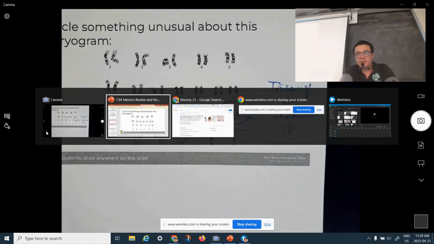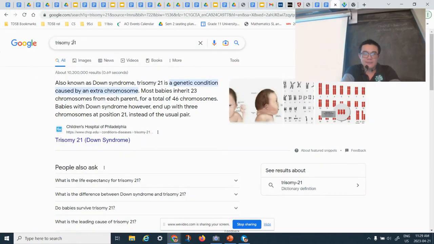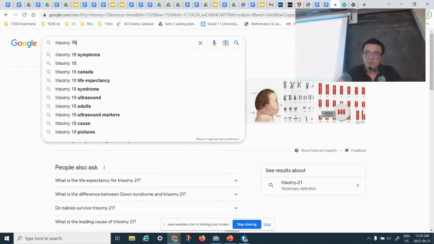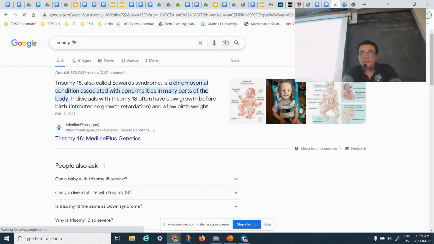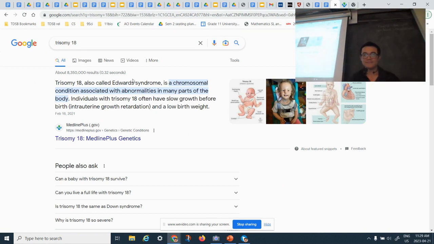Let's look up what that is. Edwards syndrome.